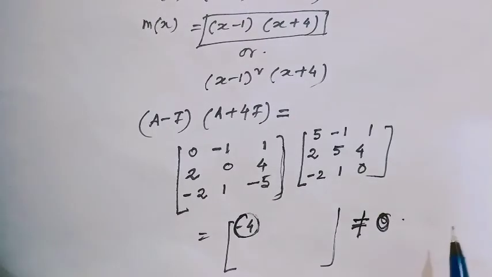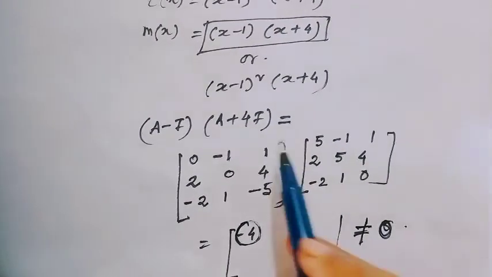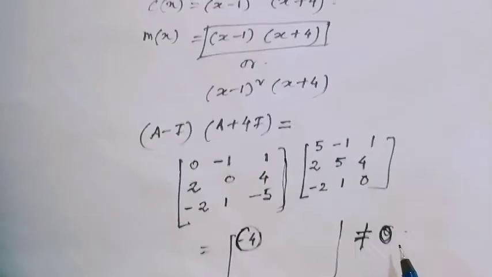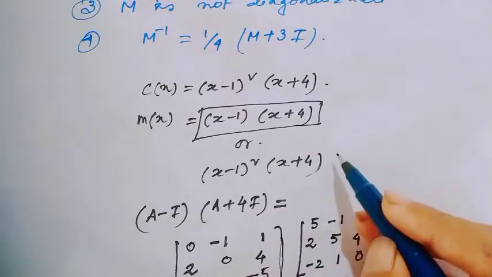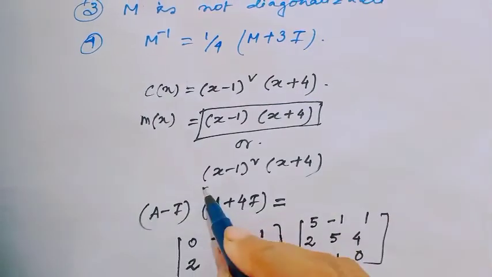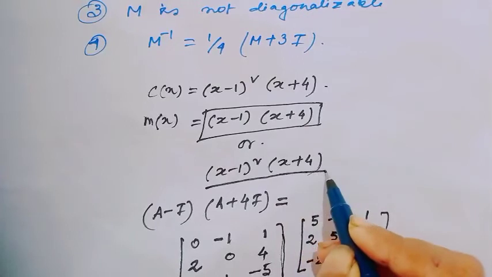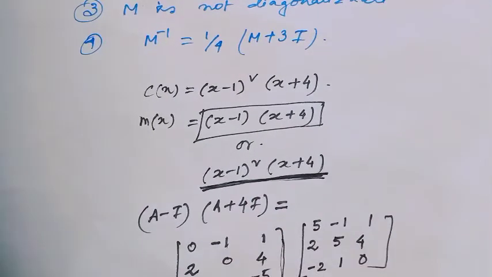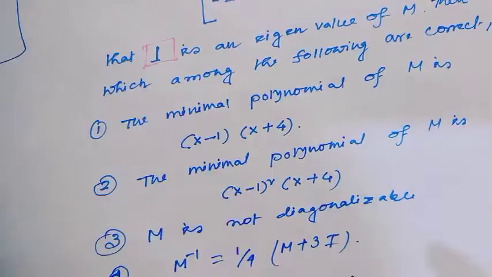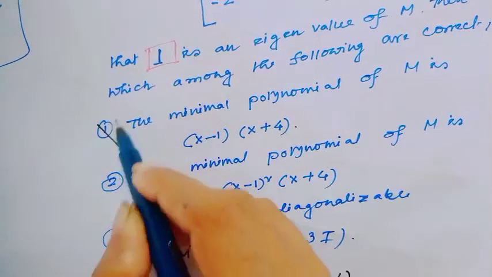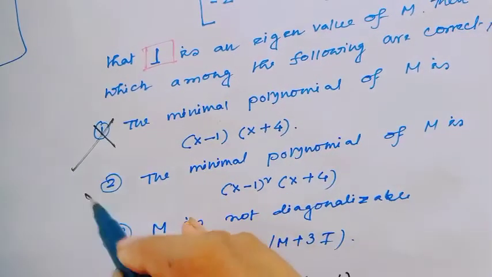So, since A minus I times A plus 4I is not equal to the zero matrix, the only possibility for the minimal polynomial is x minus 1 whole square times x plus 4. That means option 1 is wrong and option 2 is right.